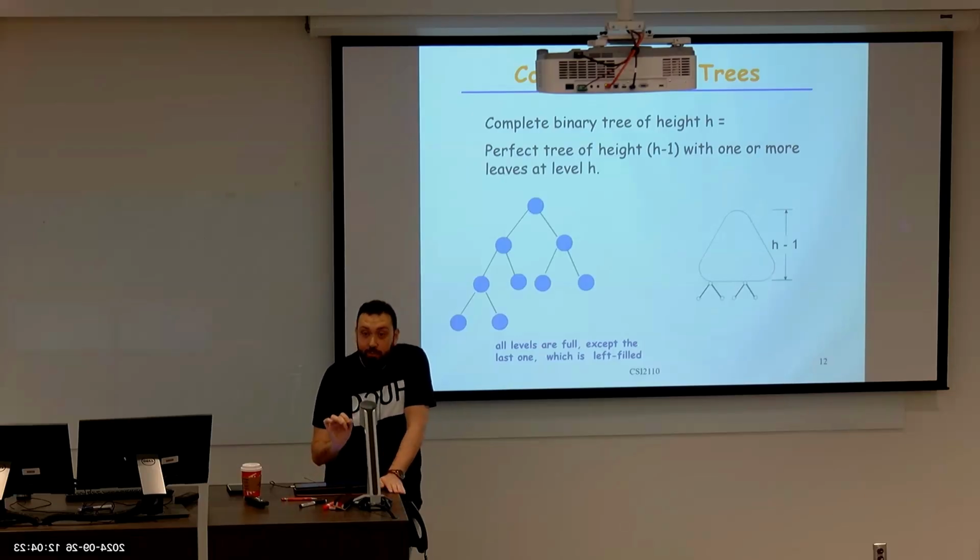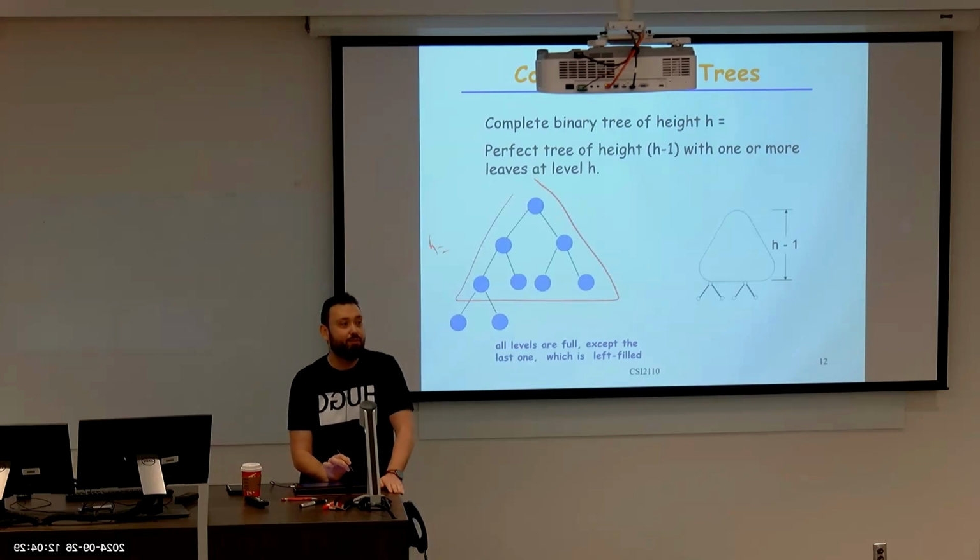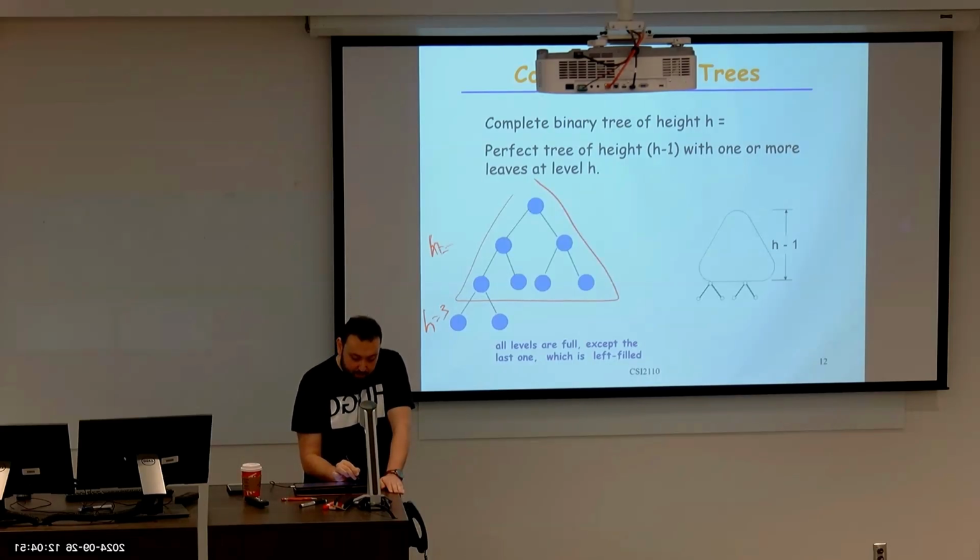That means a complete binary tree, the definition of it is that this part here, what is h here? What is the height? Who can tell me? Raise your hand. Two? Why 2? Sorry, the height of the whole tree is 3. So the definition of a complete binary tree is that h minus 1 is perfect.